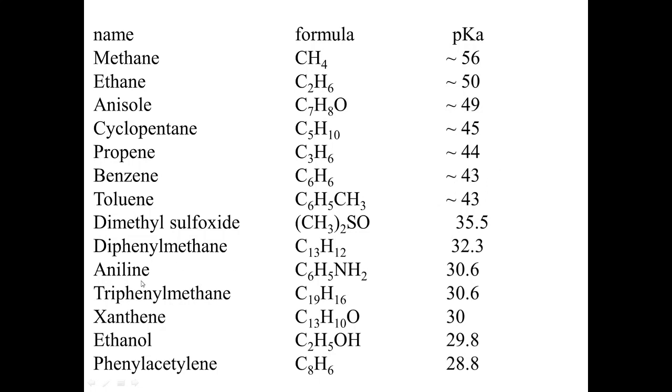Now if we go to ethanol or aniline, because they are attached to an electronegative atom, for example nitrogen in aniline and oxygen in ethanol, these are also responsible for the stability of the carbon anion and increase the acidic value of this carbon acid.